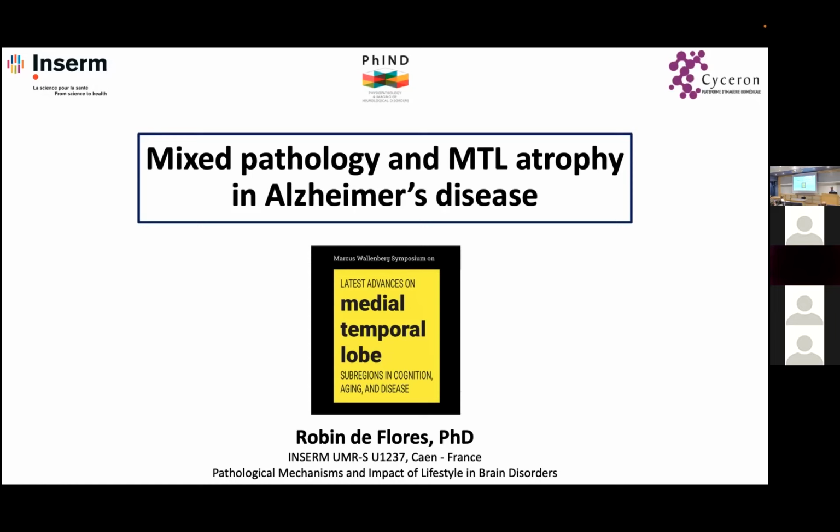This could be done using a surface approach, for example, but maybe more precisely than what we've done here, maybe using ex vivo MRI. And the reason you selected anterior-posterior, was that due to your limited resolution? Yeah, that's the case. So maybe subfields might also be good, but you're right, with the resolution of these images, it was limited.